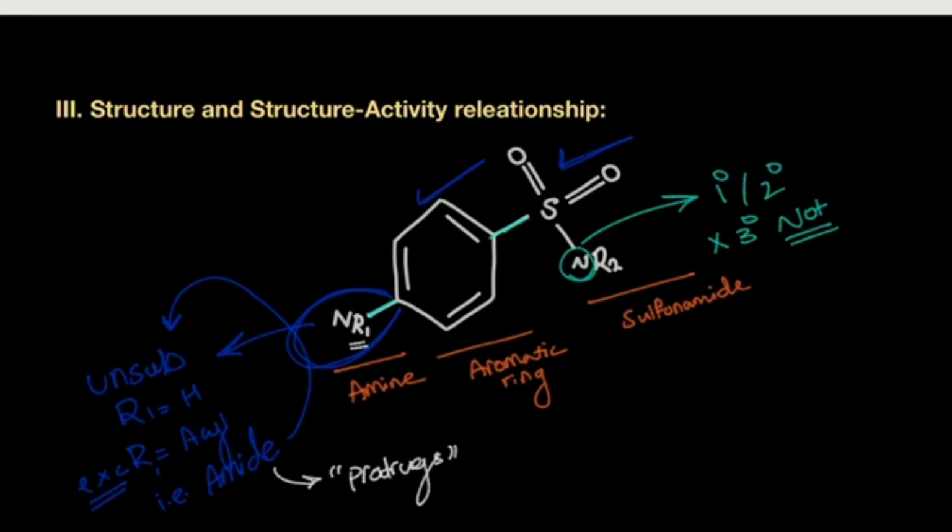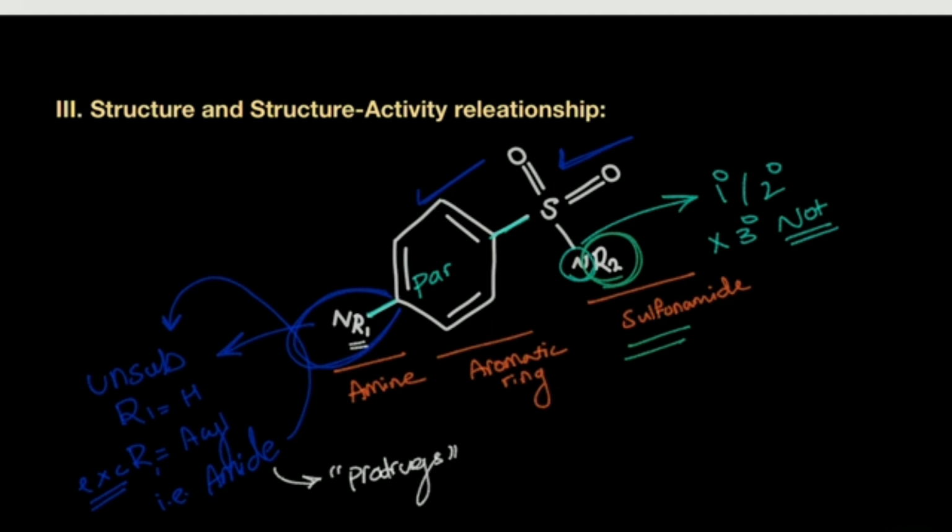And the aromatic ring must be para-substituted only, as extra substitution will eliminate the activity due to steric reasons. So we can conclude that R2 in the sulfonamide functional group is the only possible site that can be varied in sulfonamide.